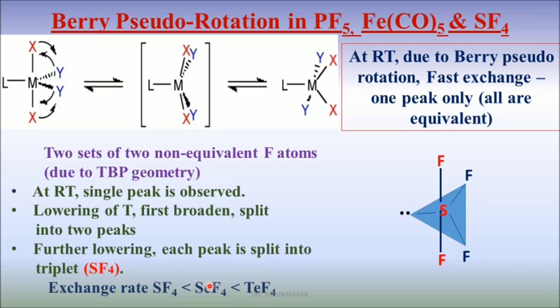Further, on lowering temperature, each peak is split into a triplet. For example, the axial fluorine are split into a triplet because of coupling with the two equatorial fluorine atoms.